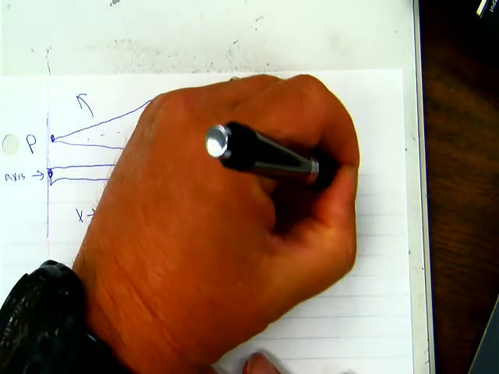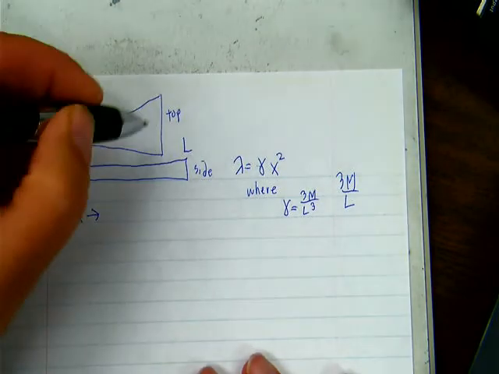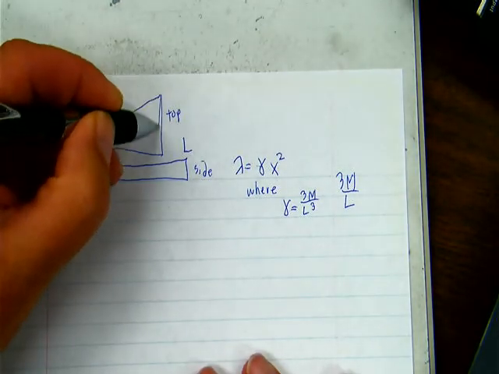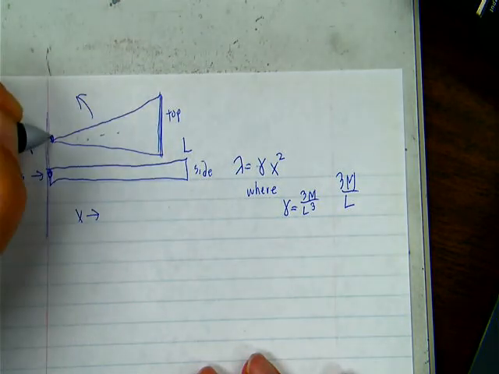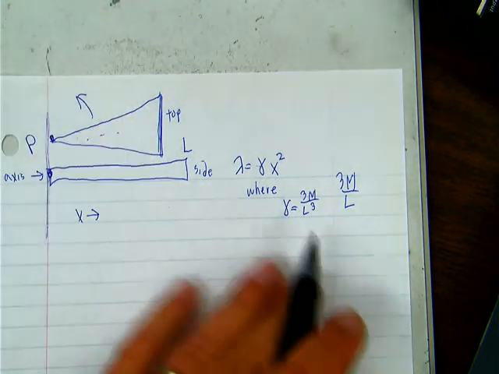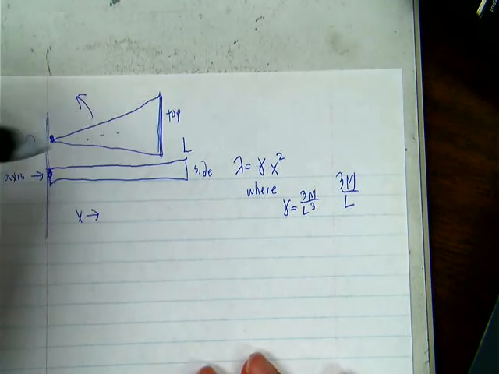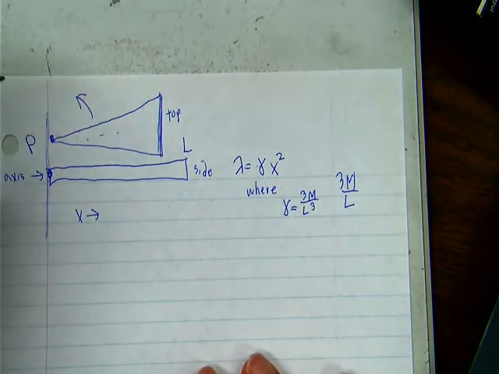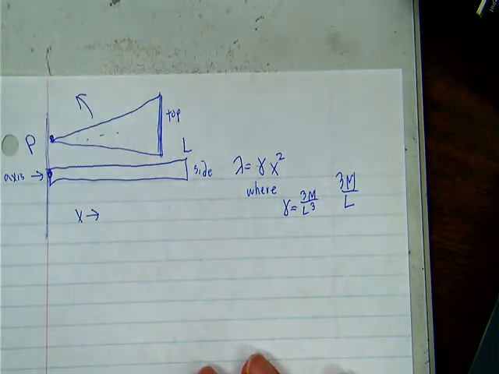So 3 times m divided by L is the mass at the very right end of this object, and 0 is the mass at the beginning of this triangle. Okay, so it varies, and it goes as the square of the distance. So maybe triangular shape isn't quite right, but good enough.